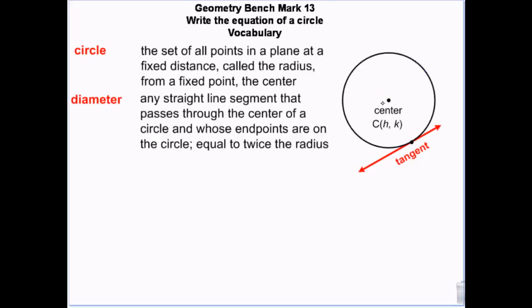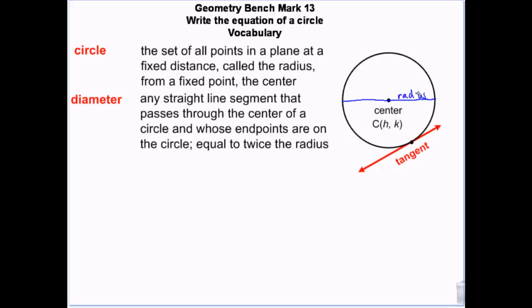So the diameter of a circle is a straight line that passes through the center of a circle, whose endpoints are on the circle, and it is equal to twice the radius.